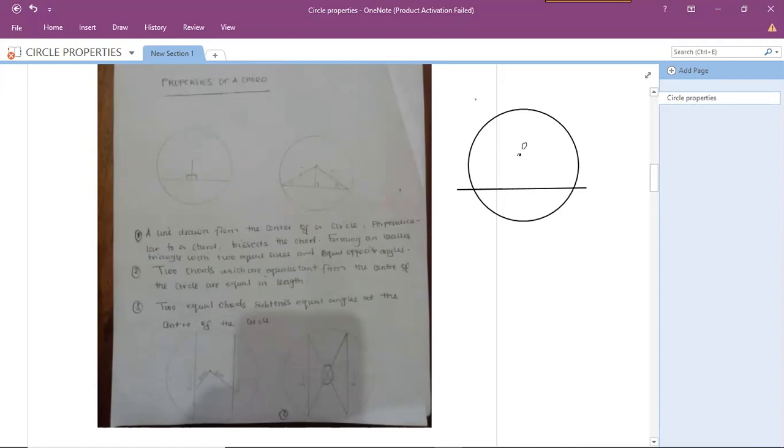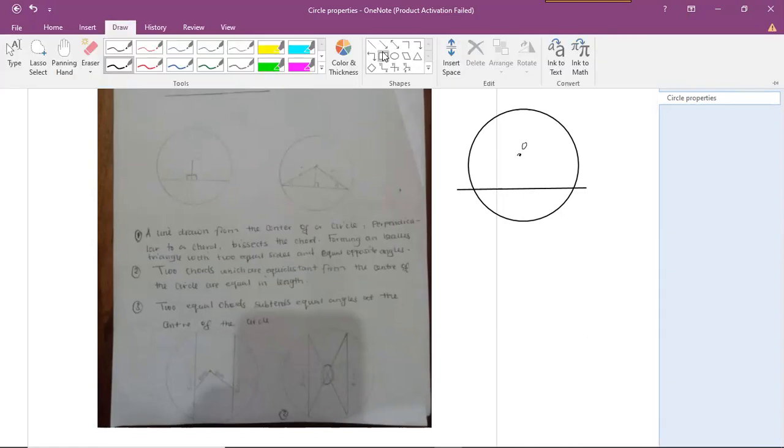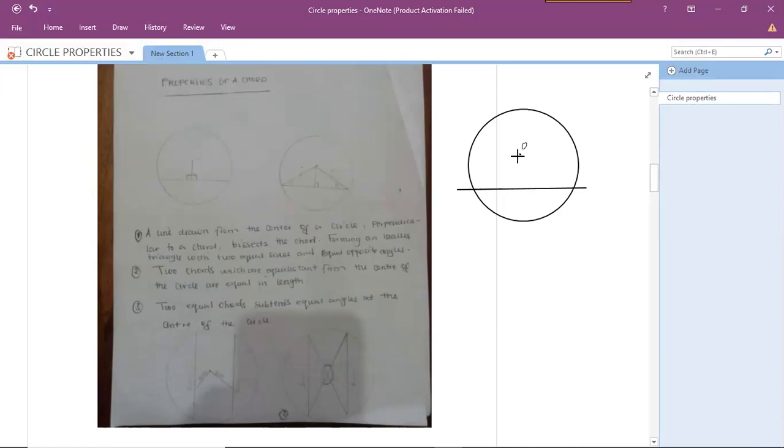If I draw a line from the center of this circle perpendicular to the chord, it's going to bisect this chord in two equal halves. This is called XY because it's a line connecting any two points on the circumference, and it's not necessarily passing through the center.